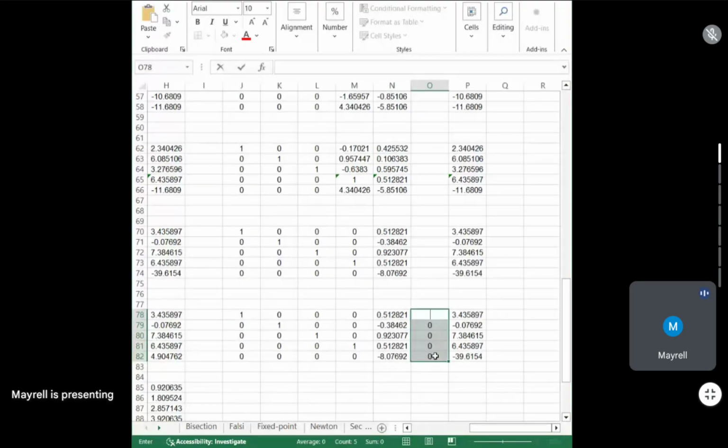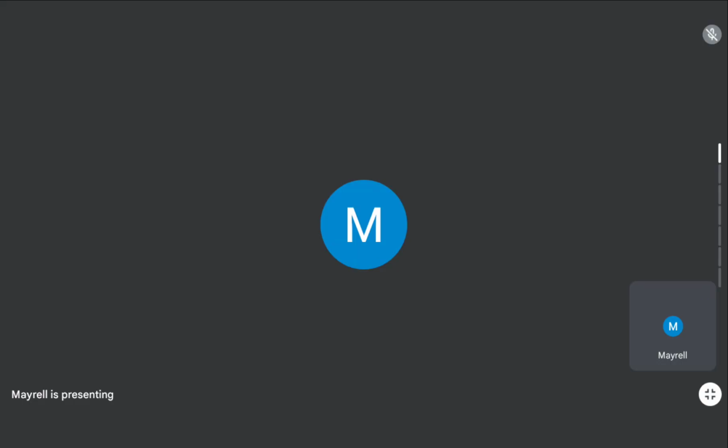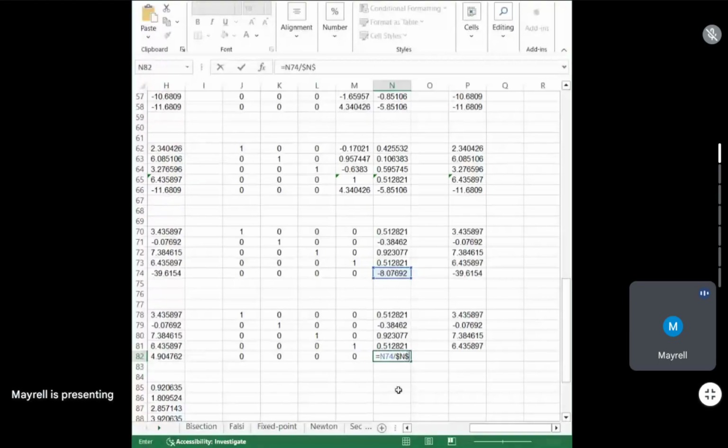Then in row 5, we're going to divide all elements in row 5 with the element in A55. We can start here, 0 naman ang previous. So this one, divide that with the element in A55, so that's in cell N74, and the rest of the row.